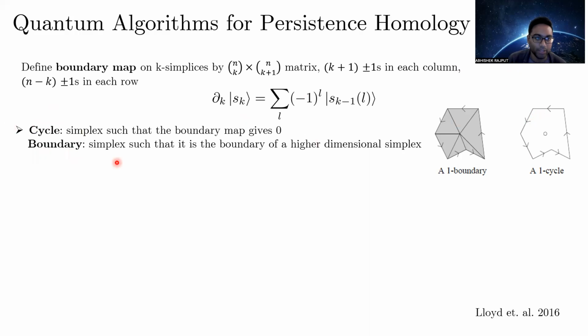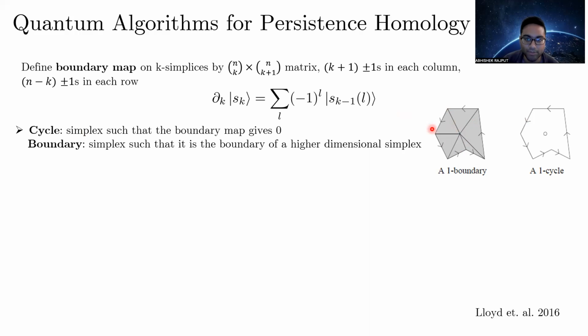Now, what's a boundary? A boundary is a simplex that is the boundary of a higher dimensional simplex, namely a simplex one dimension higher. So for instance, the edges over here on the exterior of this two-dimensional simplicial complex are called a one boundary because they are in fact the boundary of a higher dimensional simplicial complex.